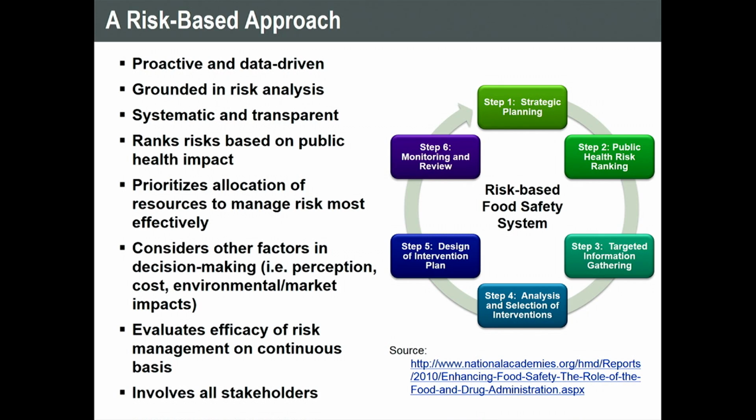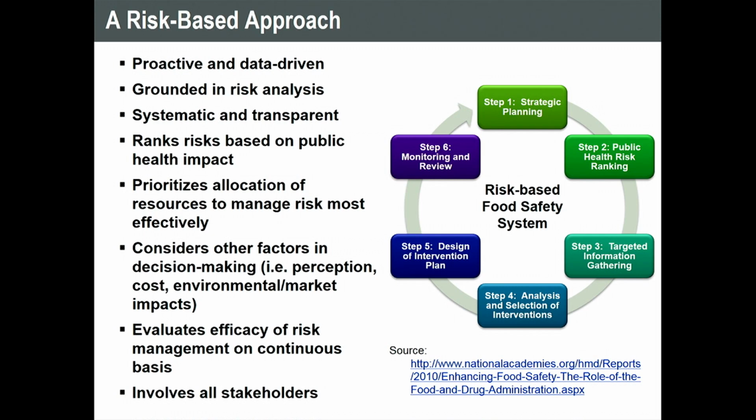So we set about defining it, and these are the key criteria that we felt that a risk-based food safety system should have. It should be proactive and data-driven, grounded in risk analysis. And for those that you don't know about risk analysis, that's really looking at risk assessment, risk management, and risk communication.